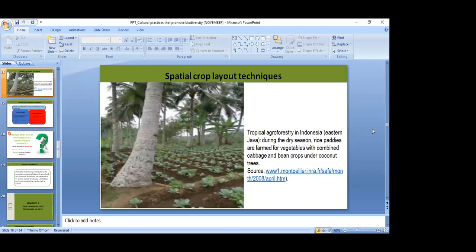So this is a spatial crop layout technique. You can see we have a tree, we have the crop. What I have by the side of the picture is tropical agroforestry in Indonesia, Eastern Java, during the dry season, rice paddies are farmed for vegetables with combined garbage and bean crops under coconut trees.